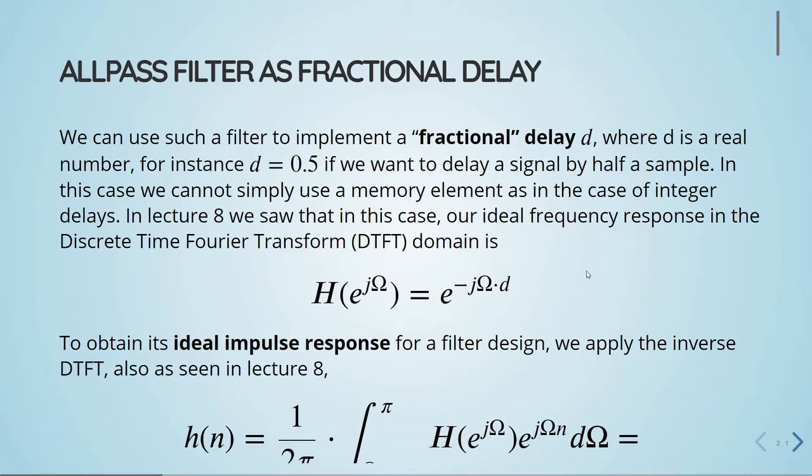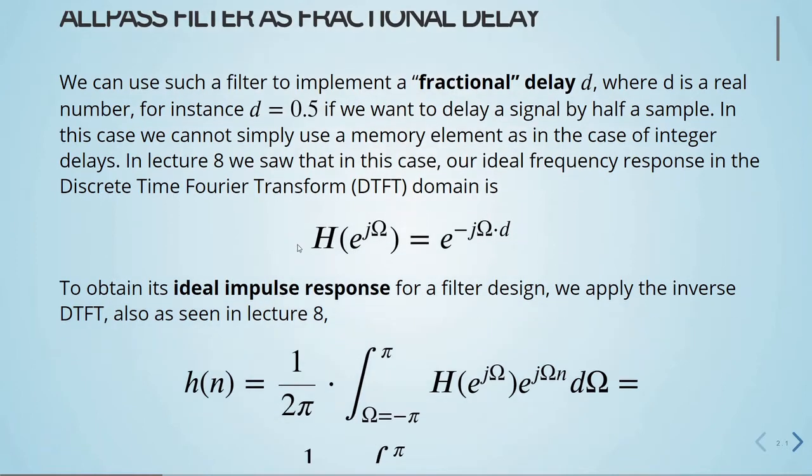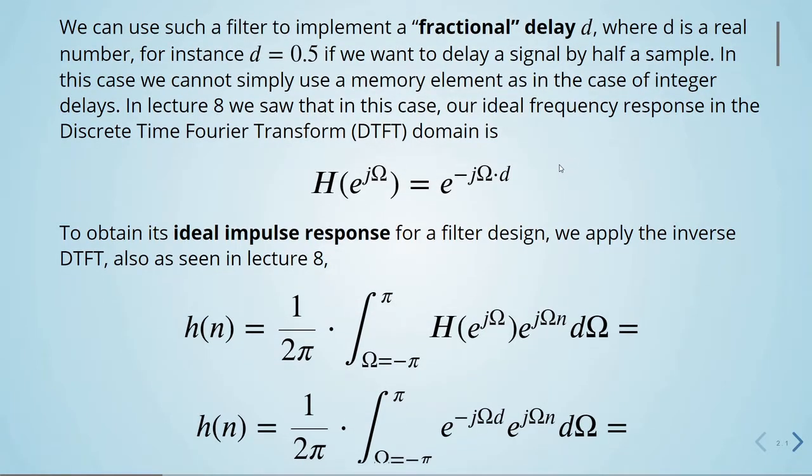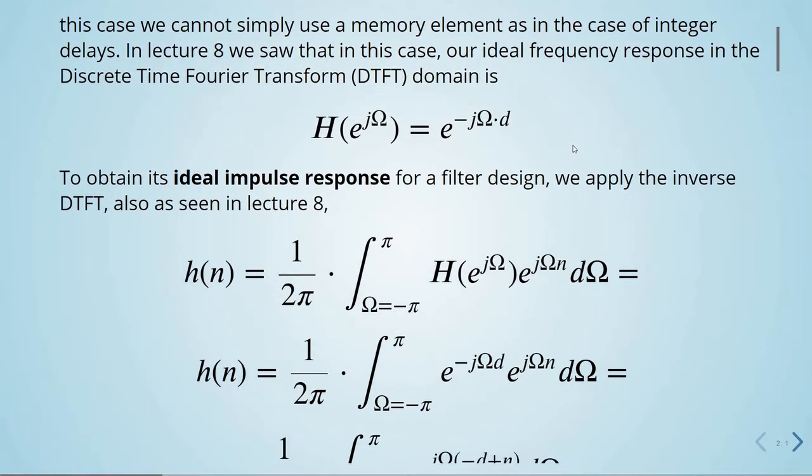In lecture 8, we saw already that our ideal frequency response in the DTFT domain, the discrete time Fourier transform, is given by this equation here. To obtain its ideal impulse response, we can apply the inverse DTFT. We also saw this in lecture 8.